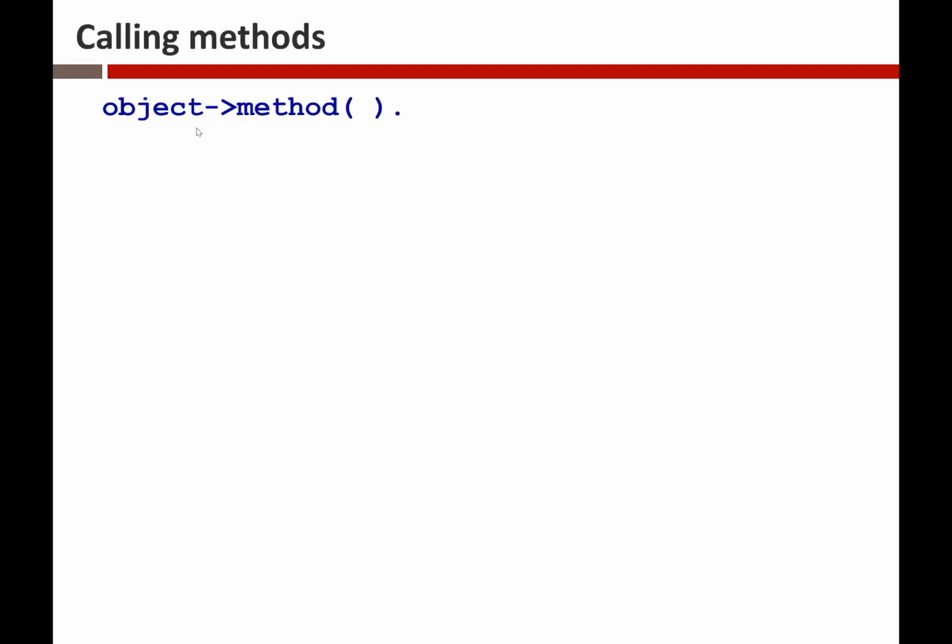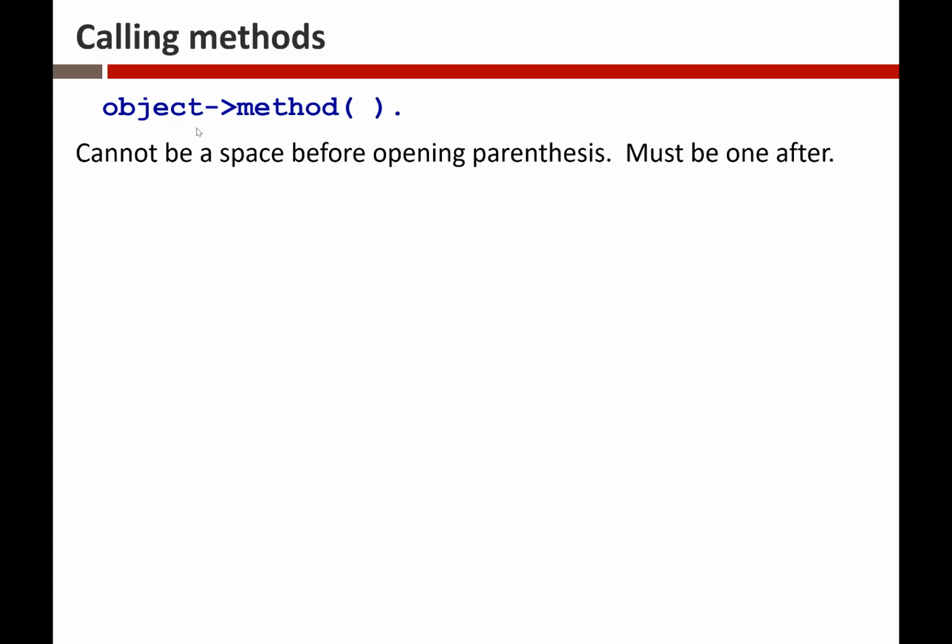So how do I call a method? One option is what you see here: the name of the object, an arrowhead, the name of the method, open parentheses, space, closing parentheses. And there cannot be a space before the opening parentheses. There must be one afterwards.